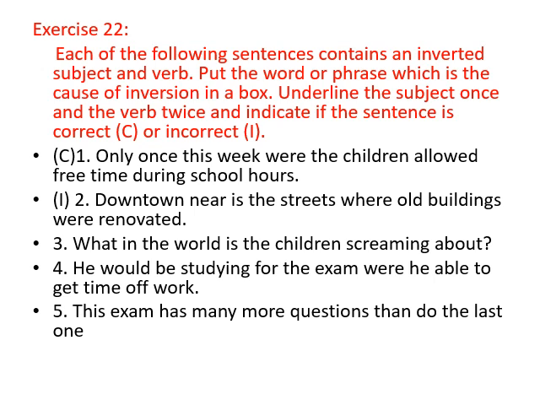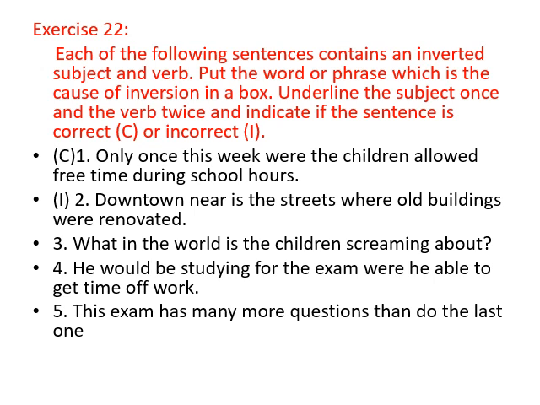طيب he would be studying for the exam were he able to get time off work. هنا احنا قلنا ان we invert subject and verb with conditionals لما يكون عندي were أو had أو should، وأنا هنا عندي were.